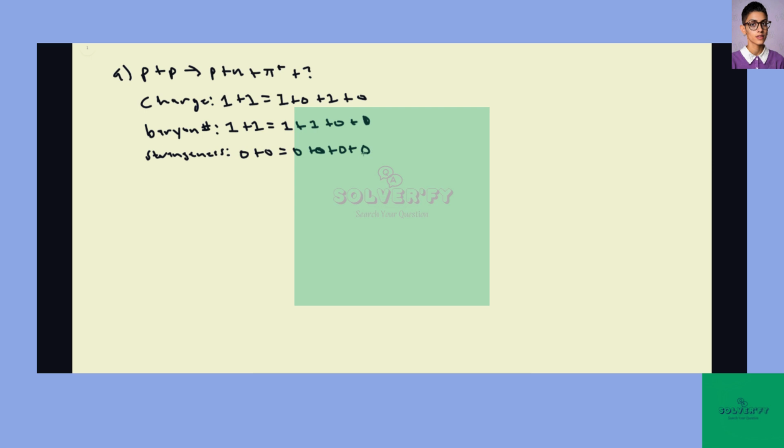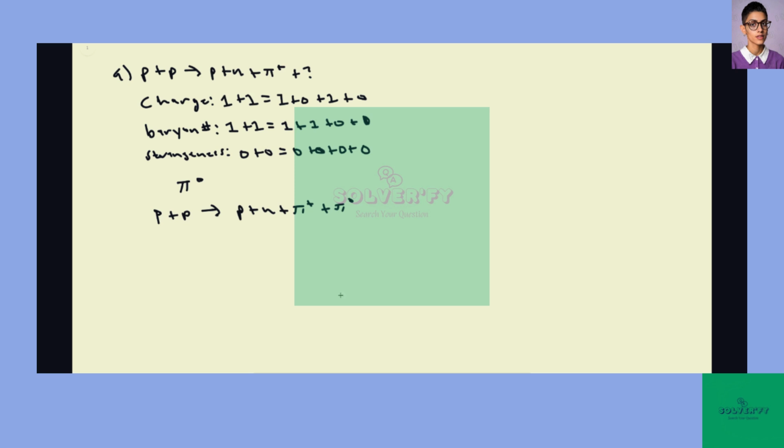So it has to have 0 strangeness. So this leaves, it has to be a meson, 0 charge, and 0 strangeness. So that leaves that it's going to be a neutral pi meson. So this gives the reaction proton plus proton goes to proton plus neutron plus positive pion plus neutral pion.